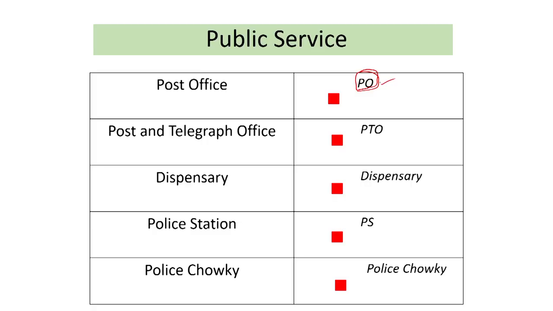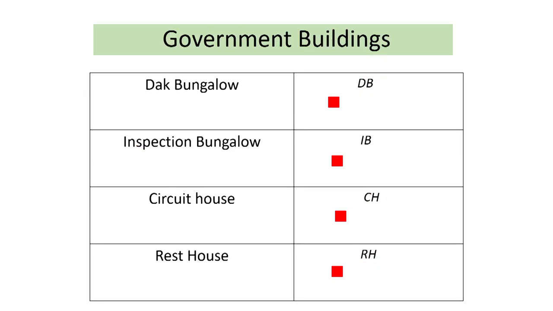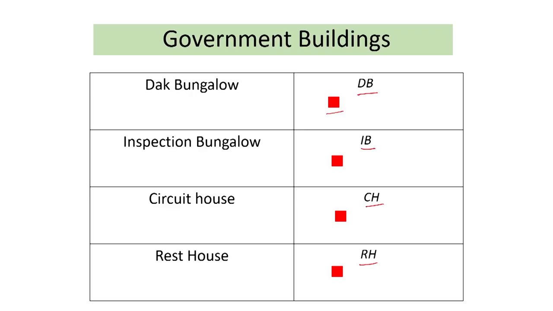For example, PO is post office, PTO is post and telegraph office, dispensary is written in full word, PS is police station, police chowki. Next, DB, this is also about government buildings: DAK bungalow, inspection bungalow, circuit house, rest house. So, based on the letters written near the red box, we can find the type of government building.